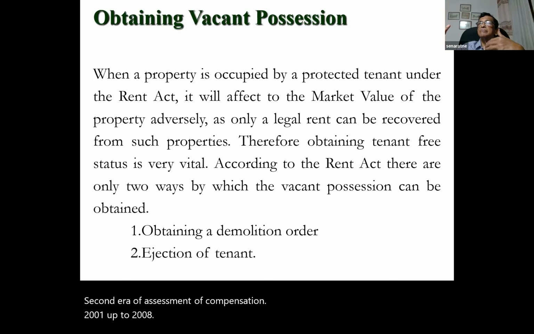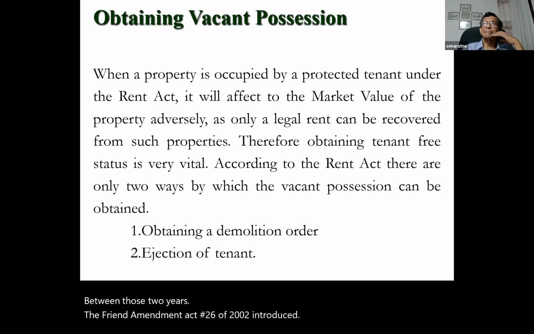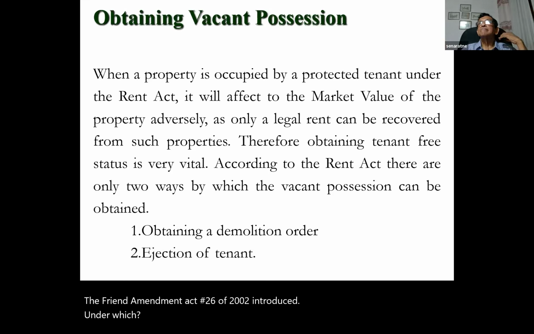Between those years, the Rent Amendment Act number 26 of 2002 was introduced, under which new amendments were introduced for obtaining vacant possession, to get the tenants ejected. What's the use of that to the assessment of compensation?